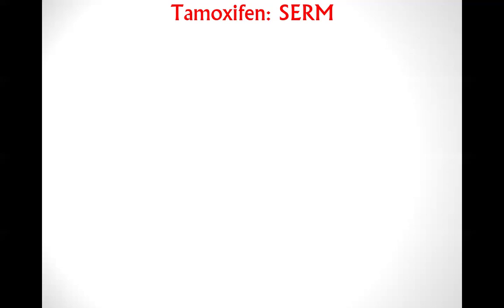In breast, they are different. In endometrial tissue, they are different. In bone, they are different. In hypothalamus, they are different. Main categories are ER alpha, ER beta, and there are subtypes also. ER means estrogen receptors.